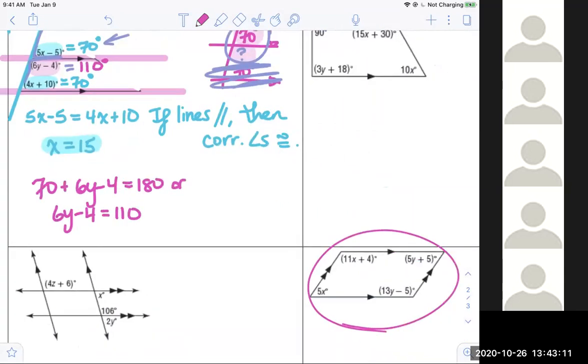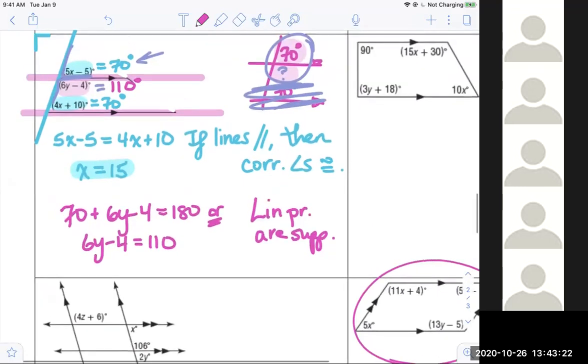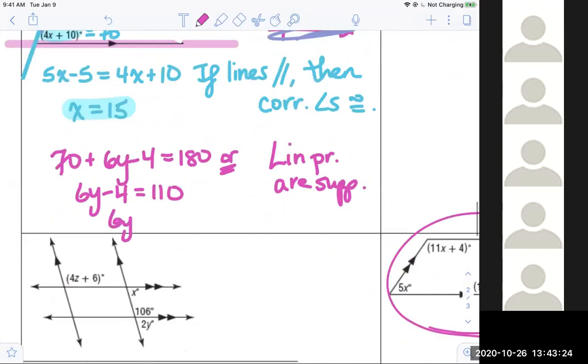So what we're using there is linear pairs are supplementary. Because they're adjacent and forming a line, that makes them a linear pair, and we're using the add to 180. So 6y equals 114. Y equals, I don't know, 19, I think. That's right.